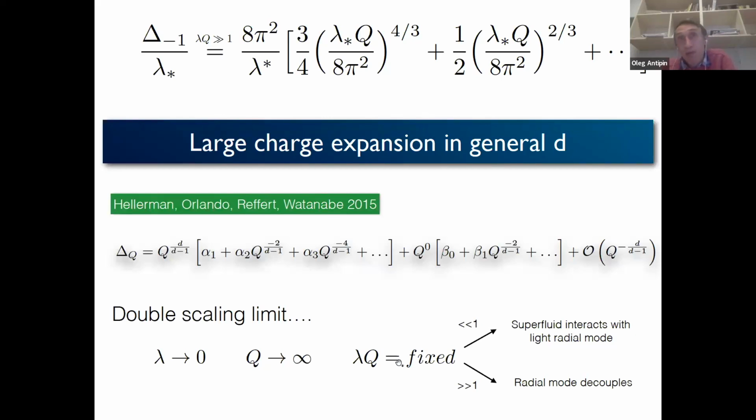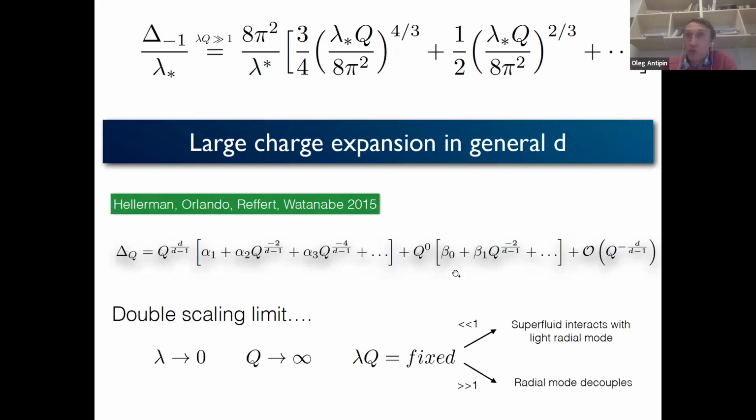But if you go to lambda times q much bigger than 1, your radial mode starts to get heavier and heavier, and you're only left at low energy with your pion, which is the phonon in this case, the conformal pion. At finite density it is called a phonon in the condensed matter literature. And the radial mode decouples, and you can write an effective field theory for this phonon, and these effective field theory considerations will give you these results automatically in a beautiful way.